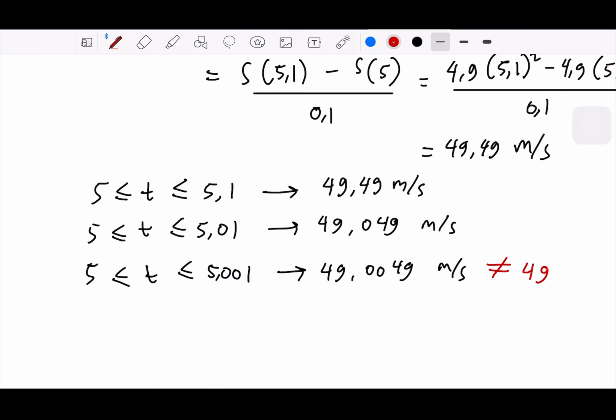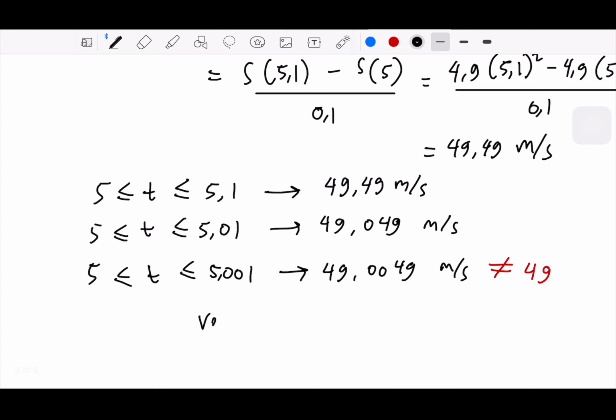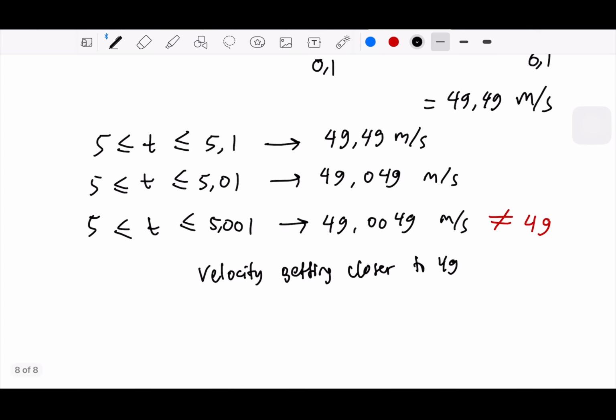We can say that the velocity is getting closer to 49, but we cannot say that it is equal. It's fundamental, so it's different. So when t is getting closer to 5, then the velocity is closer to 49.